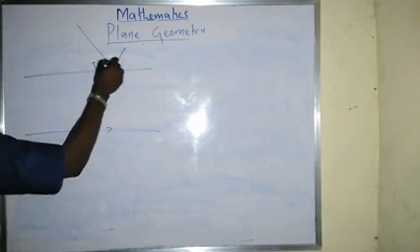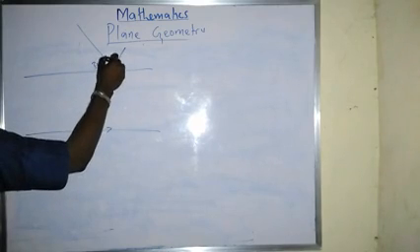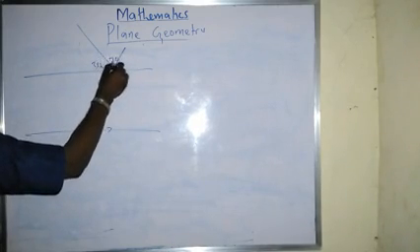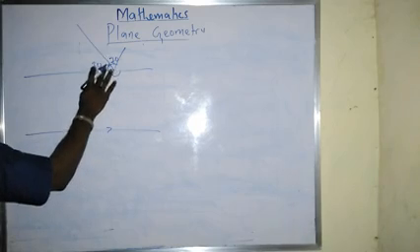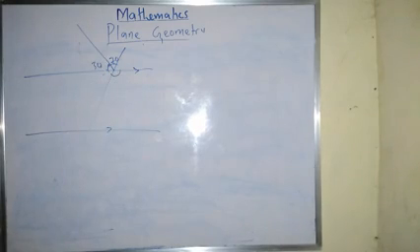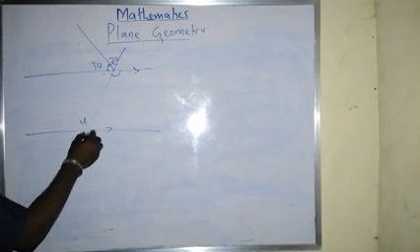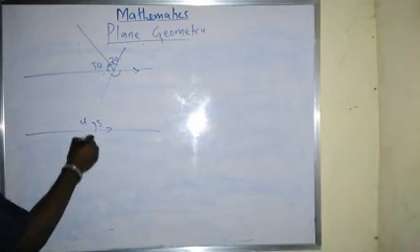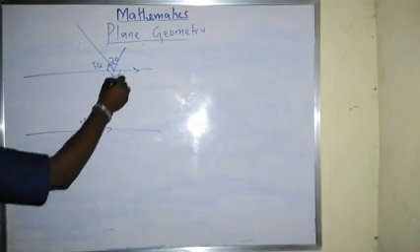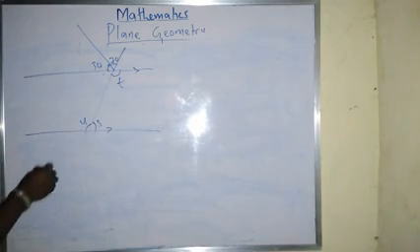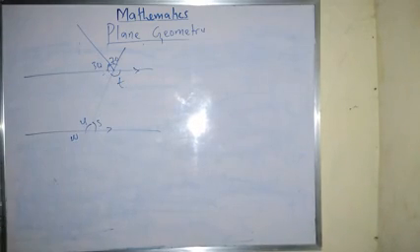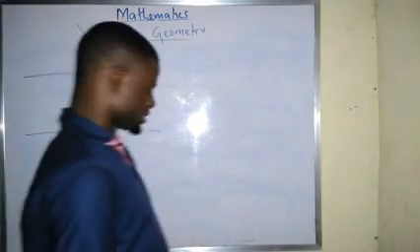We have 30 and we have 70. This is telling us they are parallel lines. Now, I have U, I have X, and I have T here. Now, I have W.